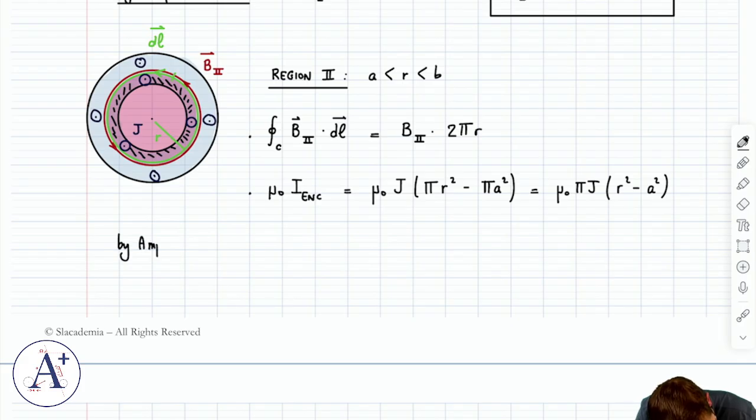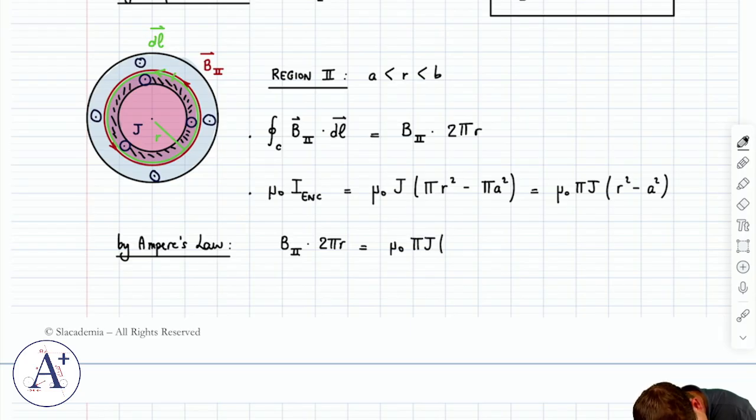And then by Ampere's law, I'm going to get B2 times 2 pi r is equal to mu naught pi J times r squared minus a squared.